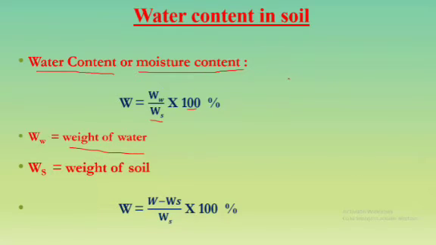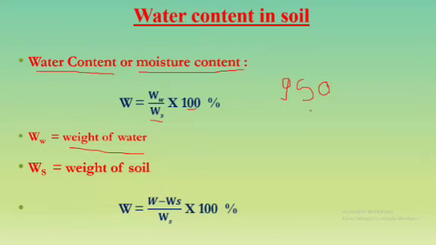Suppose that weight is 950 gram. The original weight was 1000 gram, and after the removal of water the new weight is 950 gram. So 1000 minus 950 is equal to 50 gram.